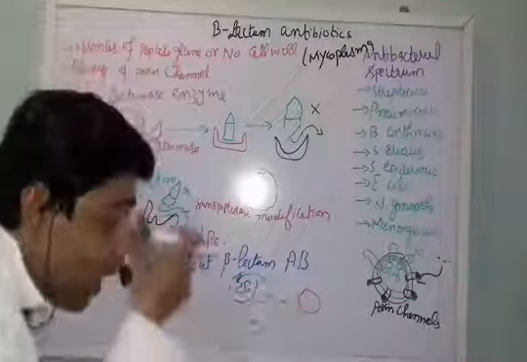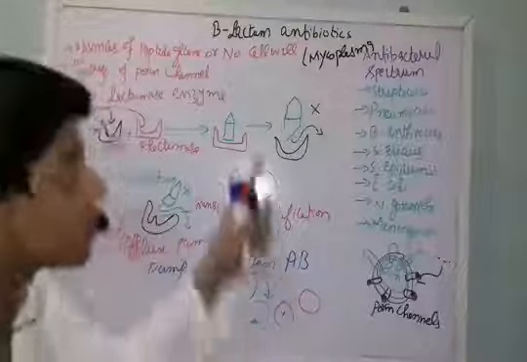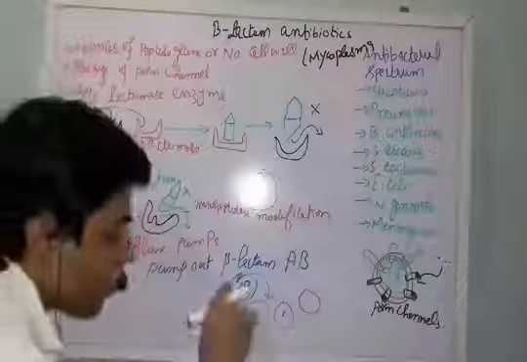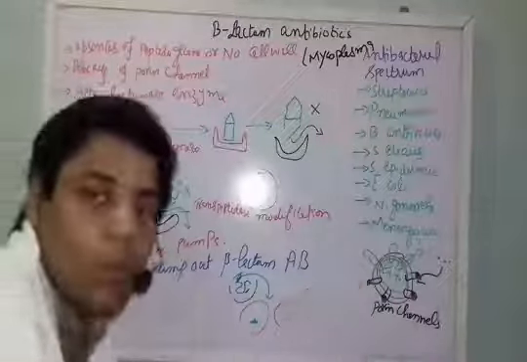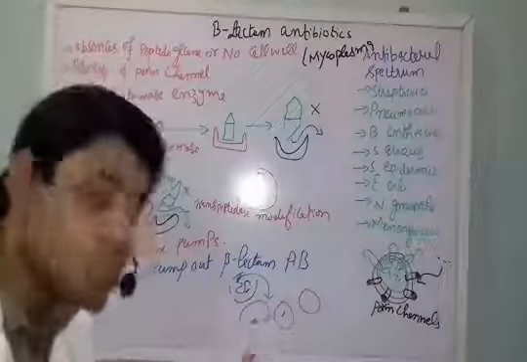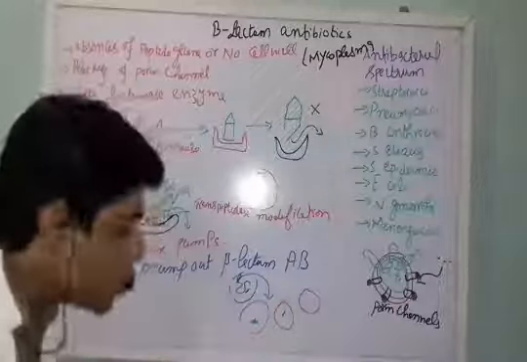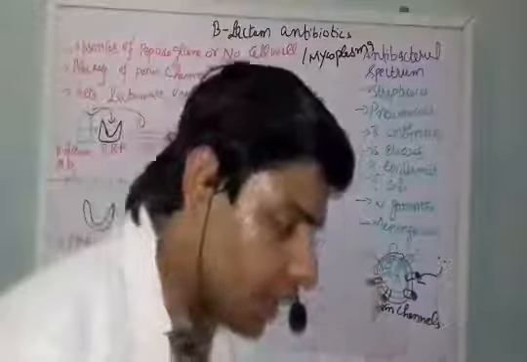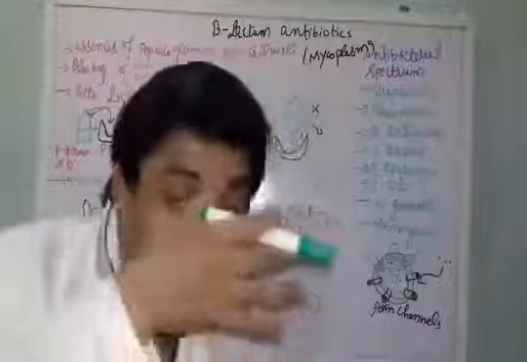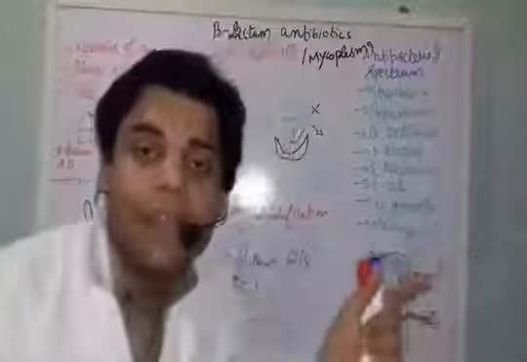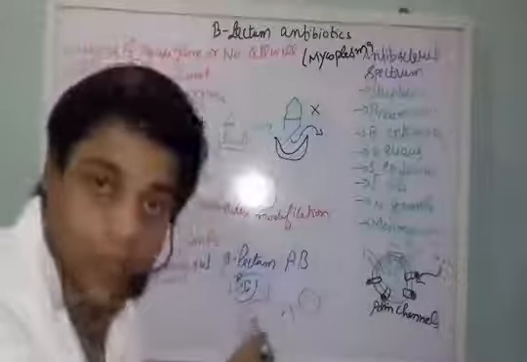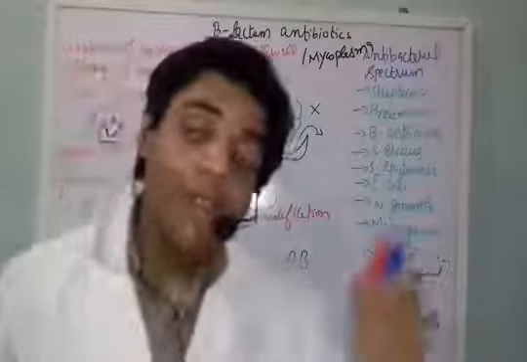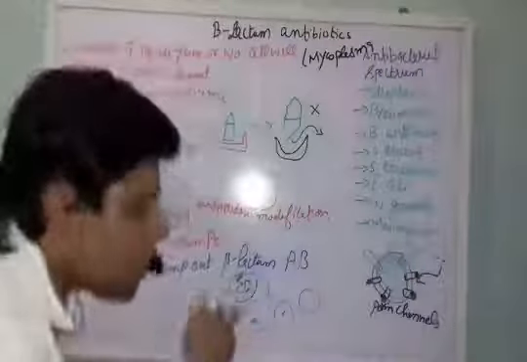Although they are sensitive bacteria to these beta-lactam antibiotics, once they get these resistance genes, these sensitive bacteria will be converted into resistant bacteria because they gain the resistance. So one thing is clear: the bacteria will not actually activate the resistance, they will gain the resistance from their surroundings.